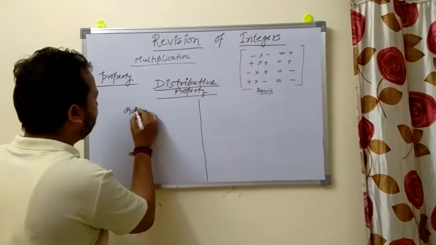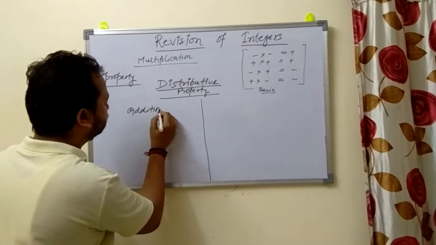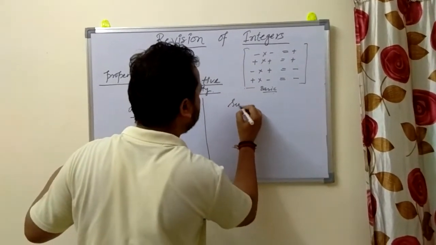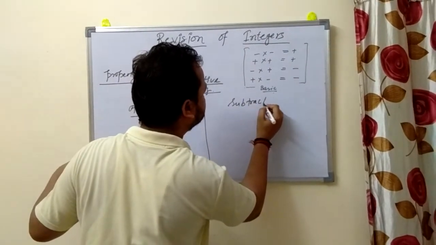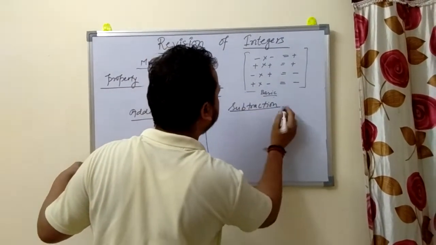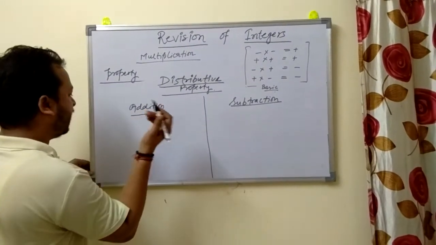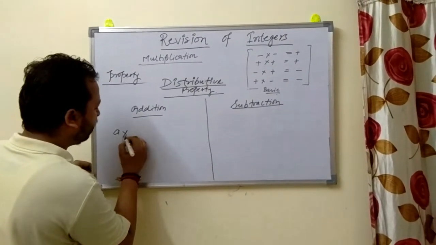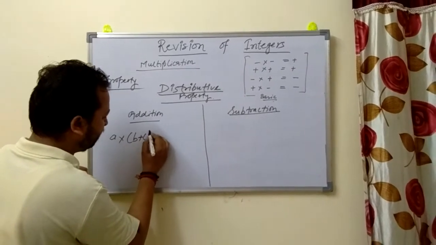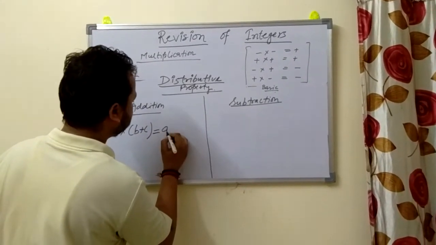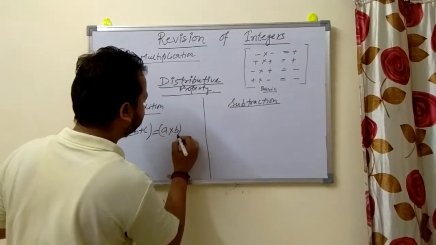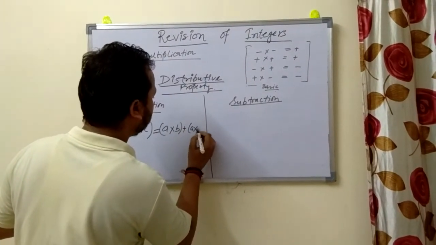First one is over addition and second one is over subtraction, right? So for any three integers a, b and c, a multiplied by (b plus c) equals a multiplied by b plus a multiplied by c.